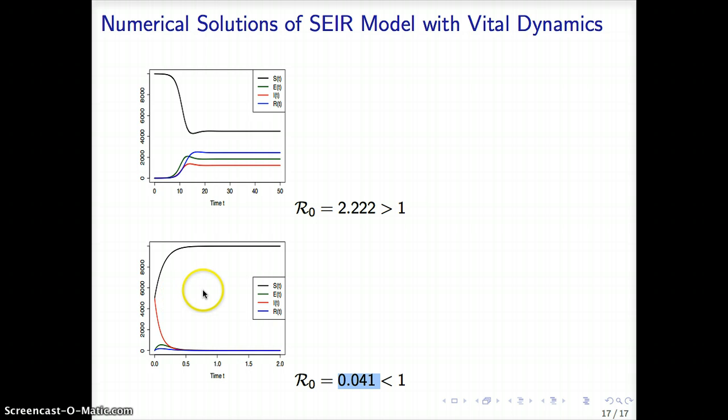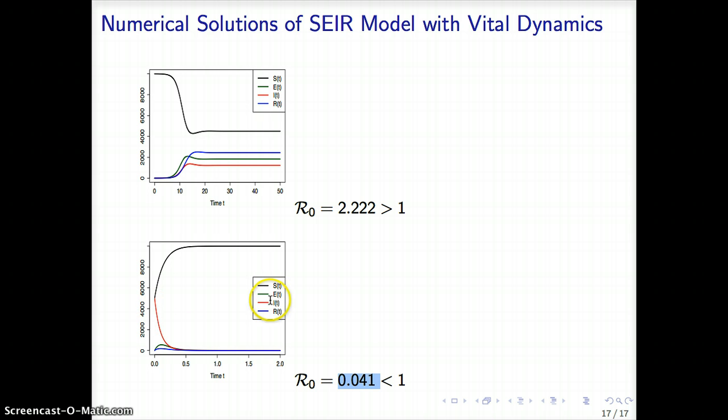Just for illustration, in the scenario shown here, the total population was chosen to be 10,000, half of them susceptible and half infected, but that didn't matter because with parameter values such that R0 is less than 1, the infected population quickly dies off. This is the red curve in these numerical solutions, and the entire population settles at the constant population size.